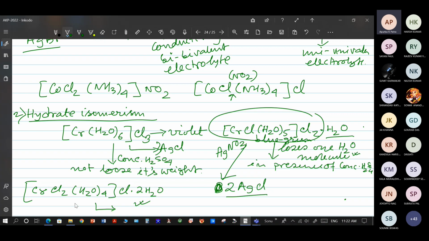So in this case only 1 AgCl precipitation, here 2 AgCl, and there 3 equivalents of AgCl precipitation will occur. And as well we are going to get some weight loss. In this case, no weight loss will occur because all the H2O molecules are coordinated to the chromium center. So those are very difficult to snatch out from the metal coordination zone. Okay, so that's the case.